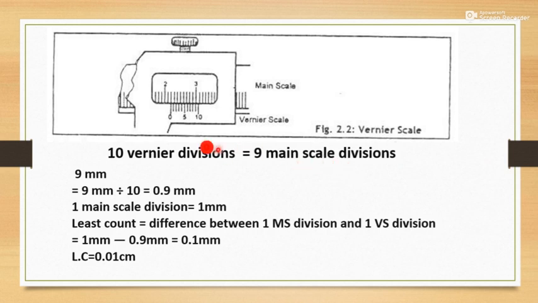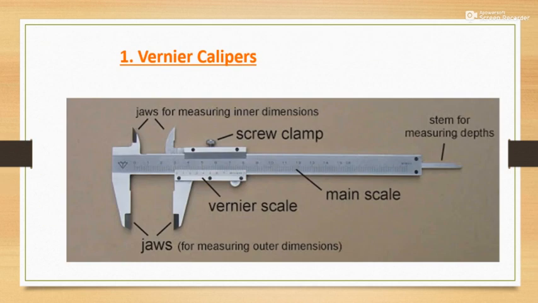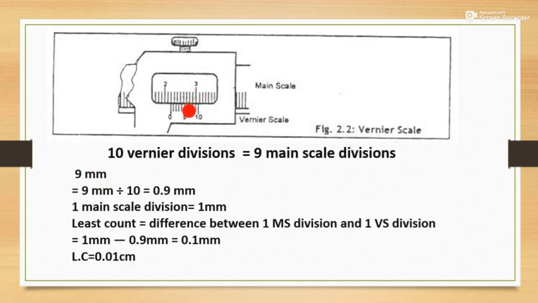Now you can see the vernier part, and 10 vernier divisions are equal to 9 main scale divisions. Now in this part I will show you again. This is the main scale and this is the vernier part. When I focus and zoom on these parts, this is the main scale reading and this is the vernier scale reading. If an object is between the jaws, the reading is taken like this.